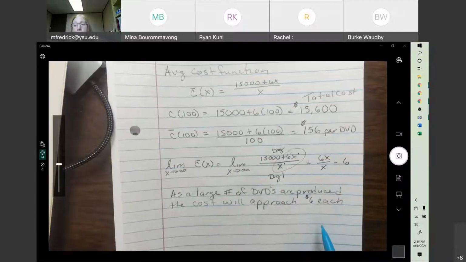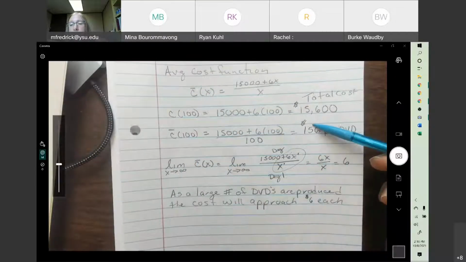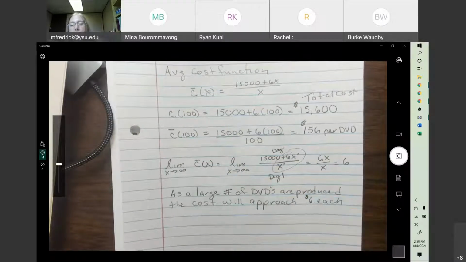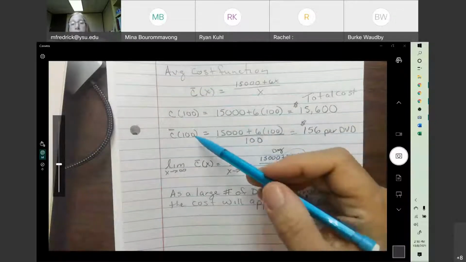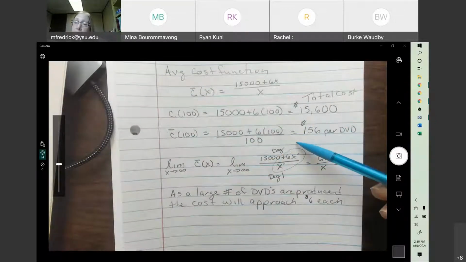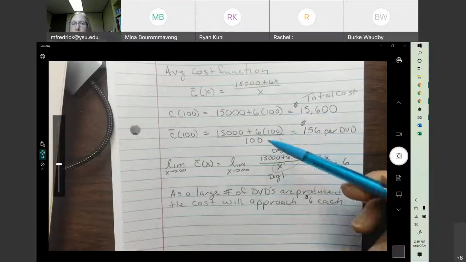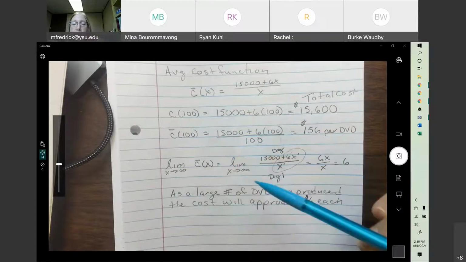And we're talking about a large number of them, because remember, at 100, the average cost is $156. That dropped a lot. But by doing these calculations, you know that when you're calling companies to produce your DVDs, if you're finding this value that's too high, you should find something around 6. Are there any questions on the difference of C of x and the average cost function and the limit?